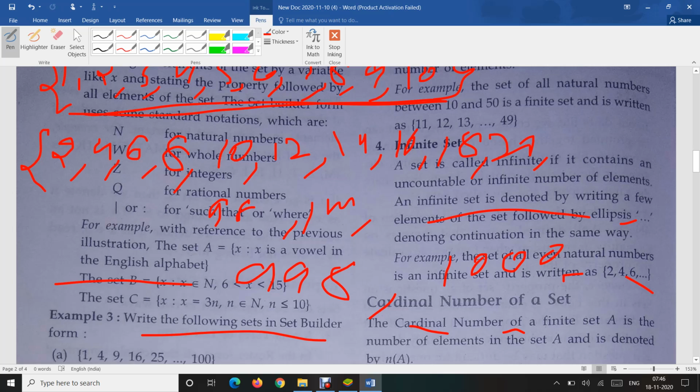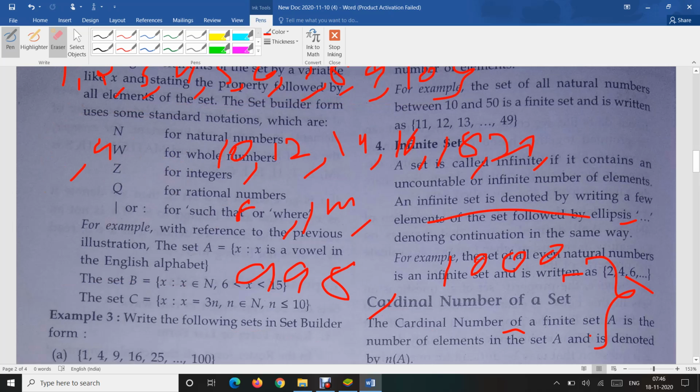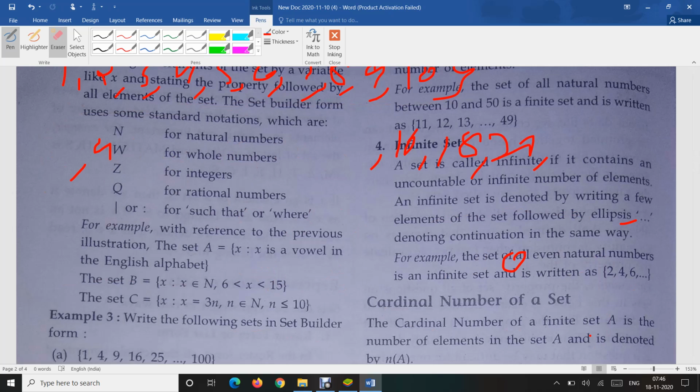It will go up to infinity. So this is not finite. That's why it is called an infinite set. I hope you understand about the singleton set, null set, empty set, finite and the infinite set.